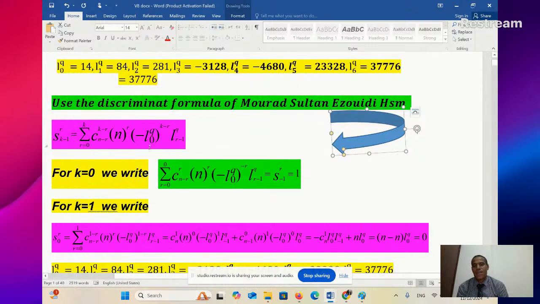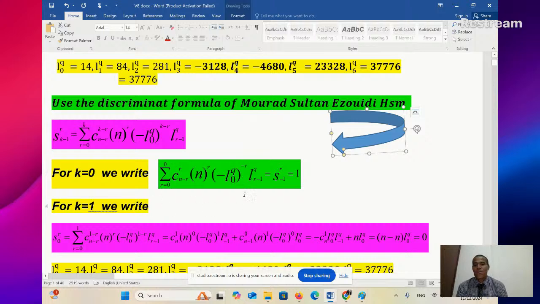Murad Sultan Ezouidi, the mathematical teacher, is here to explain his research so that you can find the roots of the seventh-degree ordinary polynomial equation and the roots of the 7th-degree new polynomial equation.